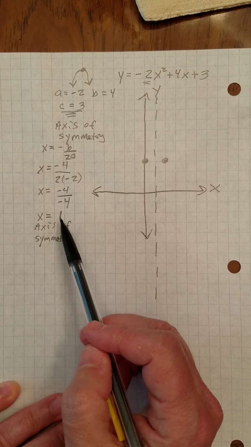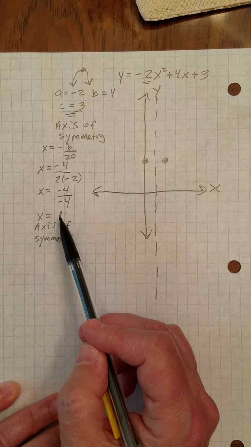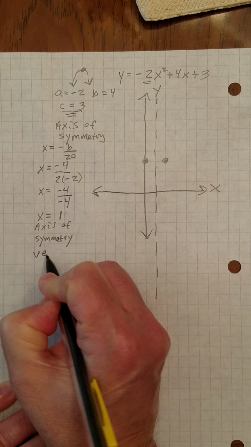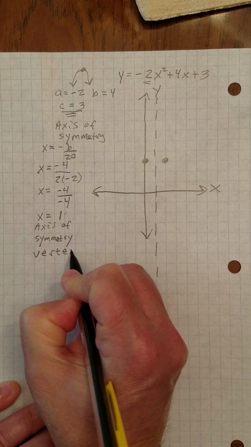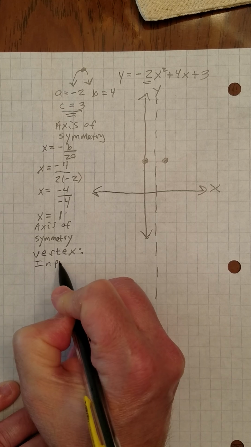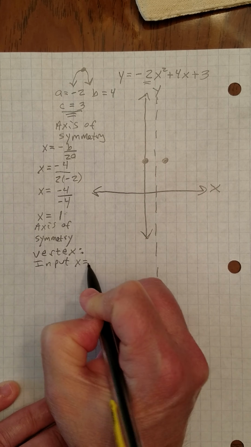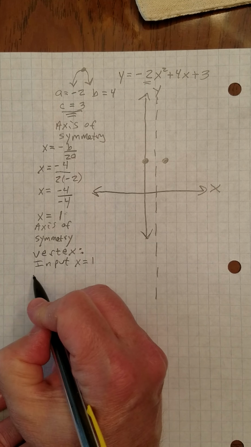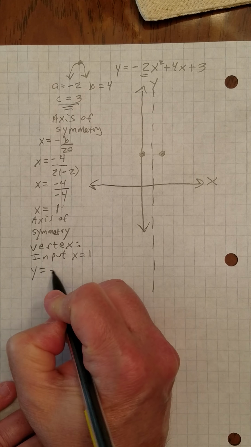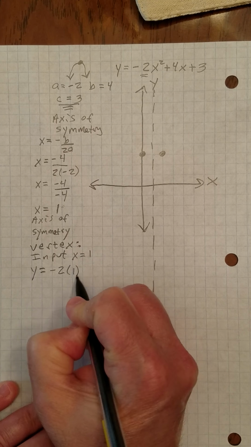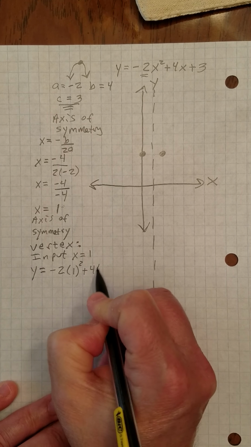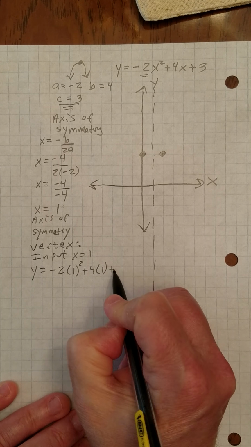We're going to input this x equals 1 into here. So for the vertex, we're going to input x equals 1. So y is going to be equal to -2 times 1 squared plus 4 times 1 plus 3.